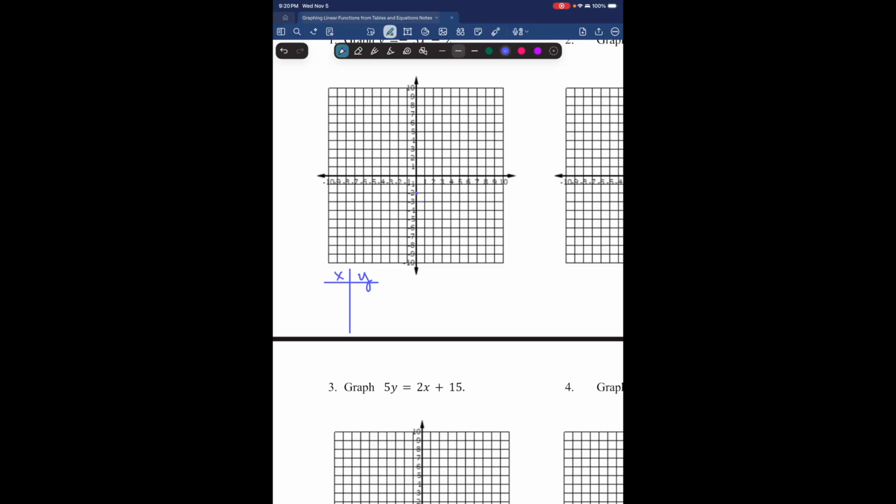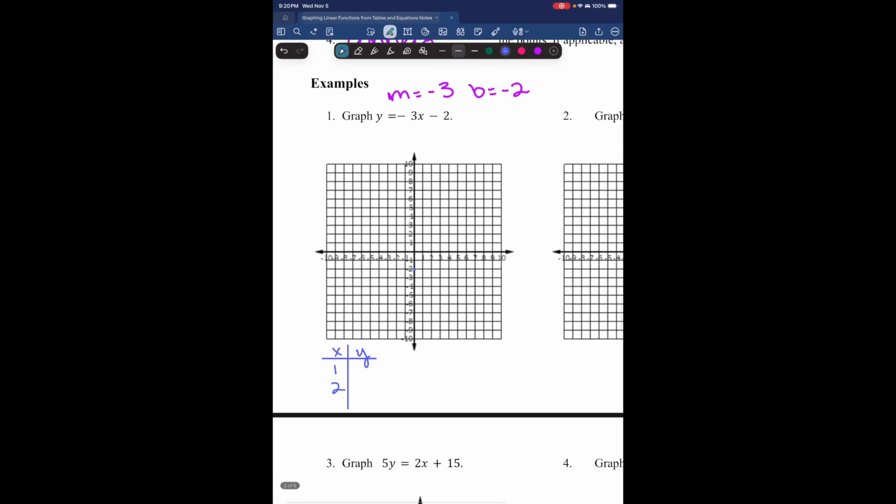I already have x is 0, so I'm going to do 1 and 2 to get a couple extra points. If I plug in 1, that's -3 minus 2, which is -5.